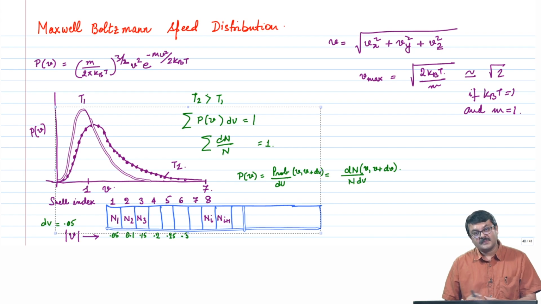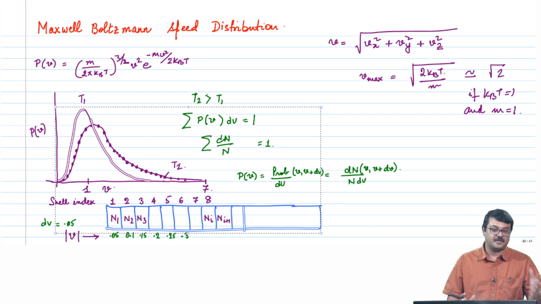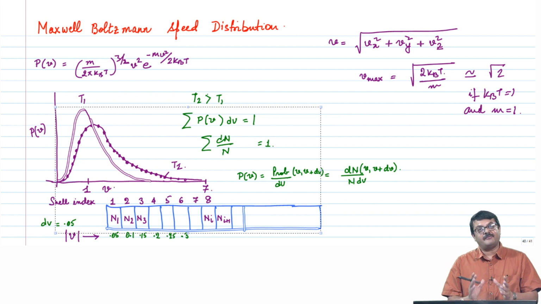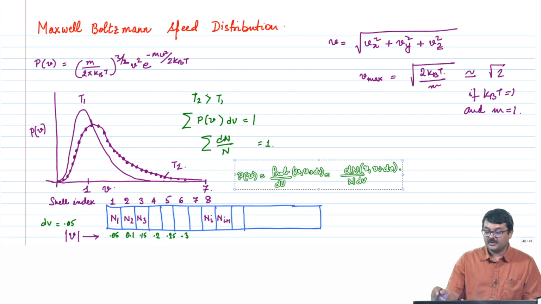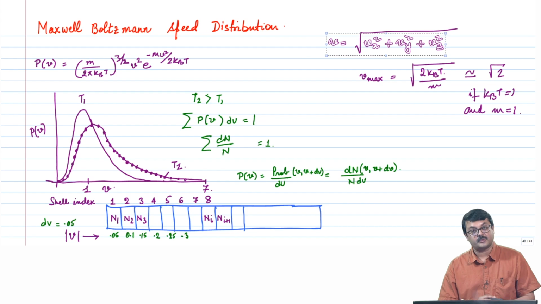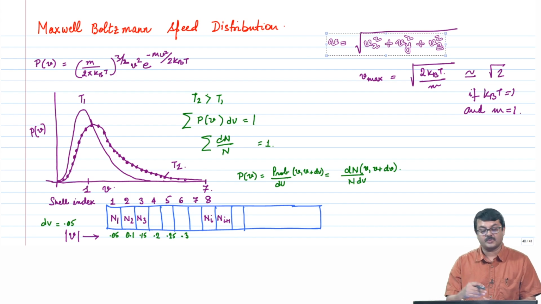Moreover, on an average, different particles will be moving with different speeds and velocities. So to calculate P(v), you have to calculate how many particles dn are moving with speeds between v and v plus dv. What is v? v is nothing but the square root of vx square plus vy square plus vz square.